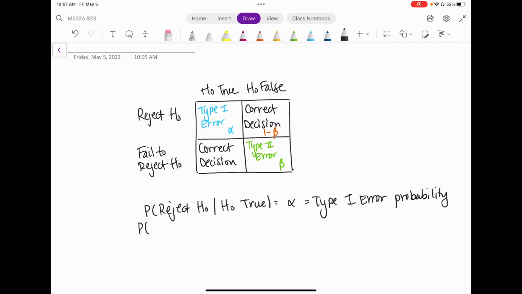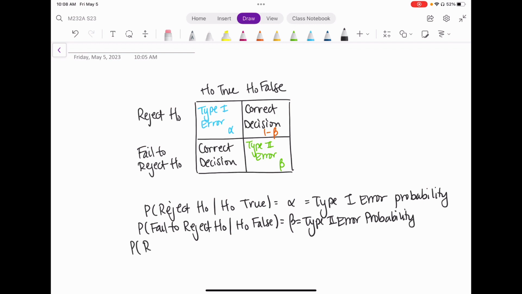The probability that you fail to reject the null, given that the null is false, is beta, which is the type 2 error probability. And then the probability of correctly rejecting the null is your power.